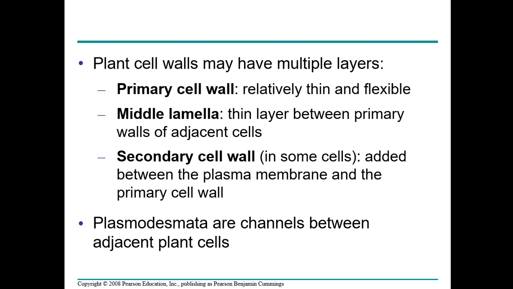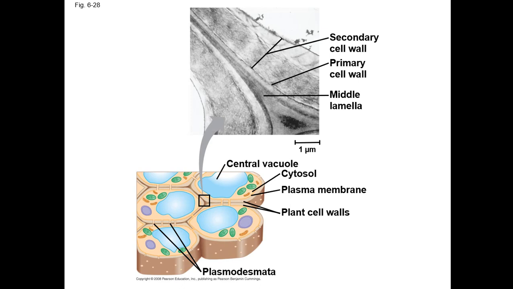So, yung plasmodesmata in plants are channels between adjacent plant cells. Kung sa animal cells, we have yung mga embedded proteins. So, sa plant naman, meron tayong plasmodesmata. Ito yung kumbaga channels. So, ito, secondary, primary, and middle lamella.